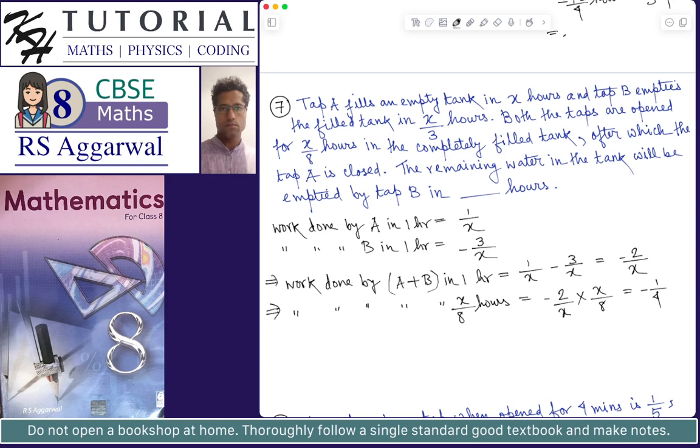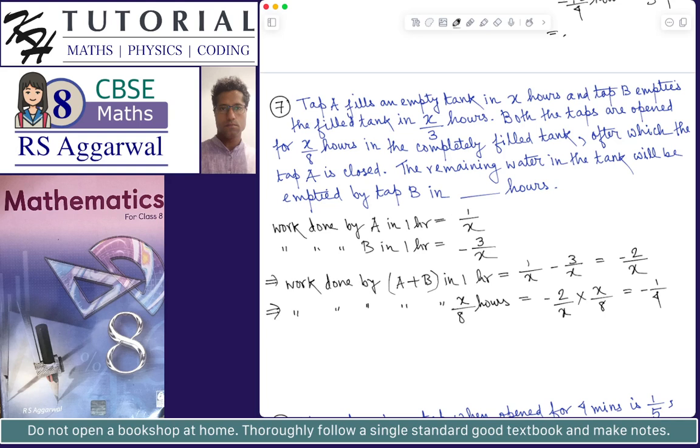So when the pipes A and B are opened for X by 8 hours, the total work done by the two pipes is minus 1 by 4, which means that it is negative. Negative means some part of the tank has been emptied. In this case, the work done is negative 1 by 4, which means that 1 by 4th part of the tank has been emptied by A and B in X by 8 hours.